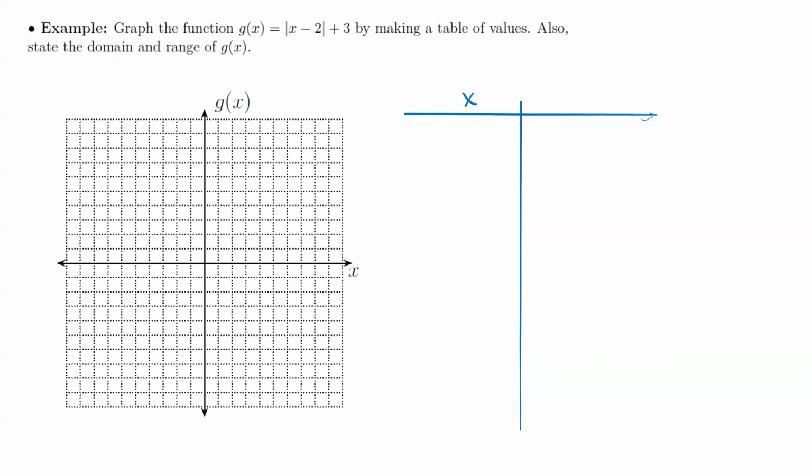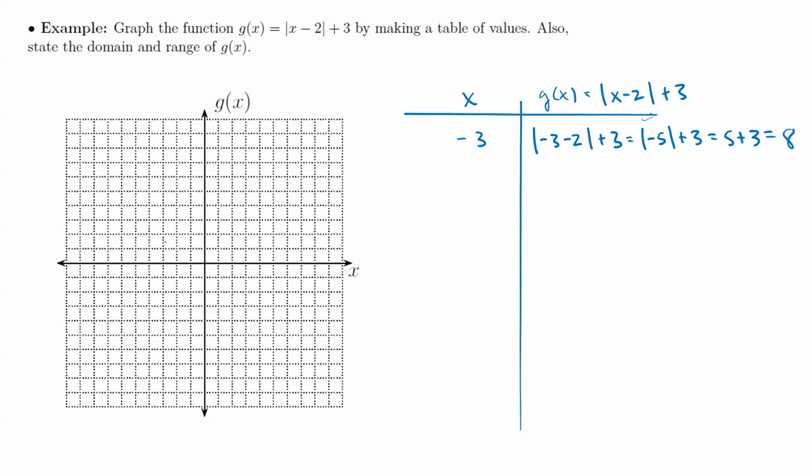Okay, so just to illustrate the point I was trying to make, let's suppose that I tried to start in the exact same place as my last one. So here is g of x is the absolute value of x minus 2 plus 3. So absolute value of negative 3 minus 2 plus 3 is the absolute value of negative 5 plus 3, which is 5 plus 3, which is 8.